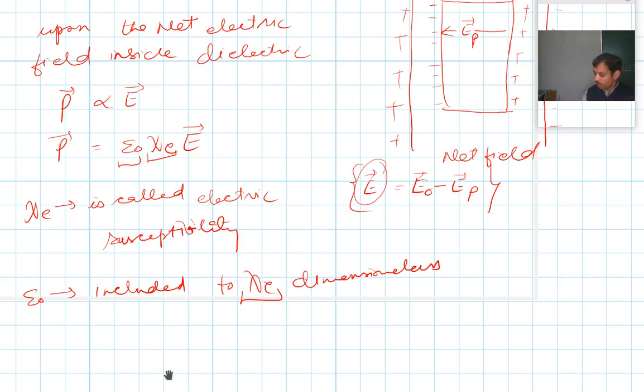Now we have to find out the relationship between the dielectric constant and chi E. This dielectric constant, as you have defined in the capacitor section, is E naught over E, right? It is the dielectric constant which we know, and also another thing which we have to keep in mind, this Ep is equal to sigma p over epsilon naught.